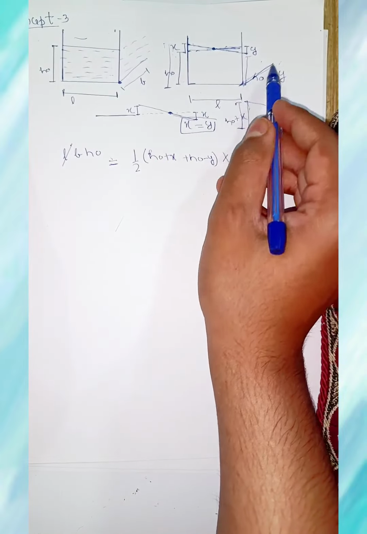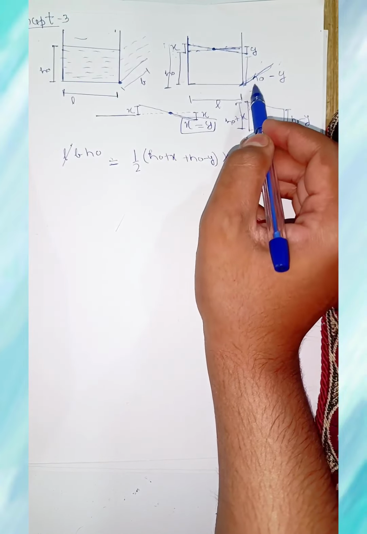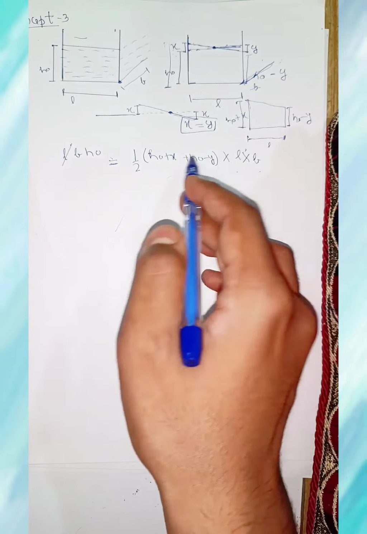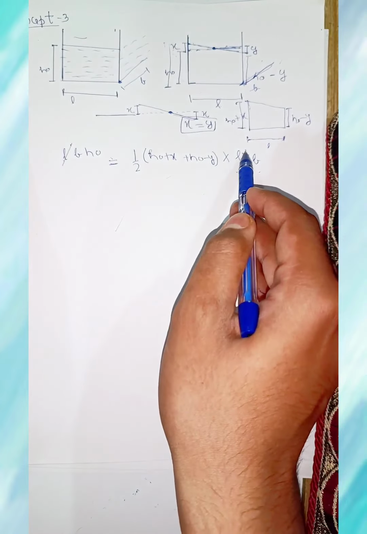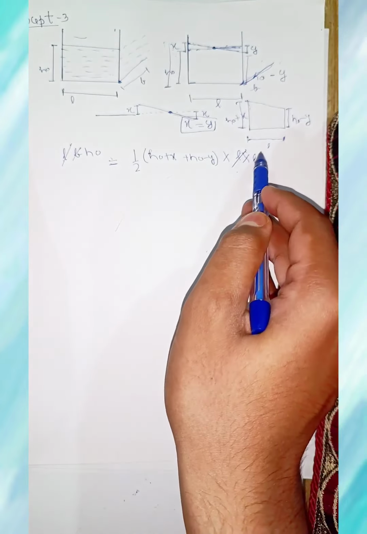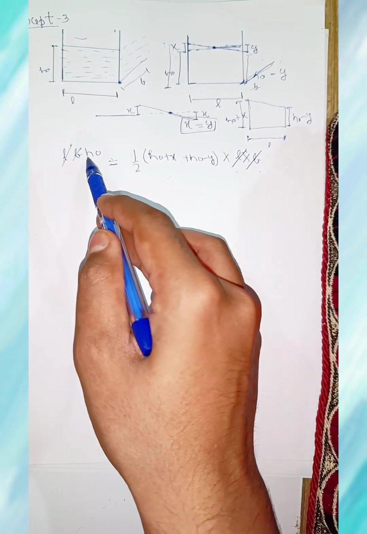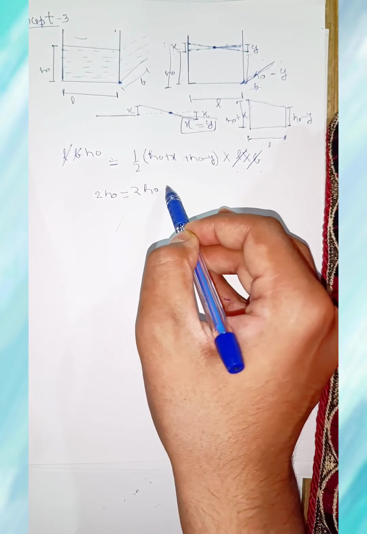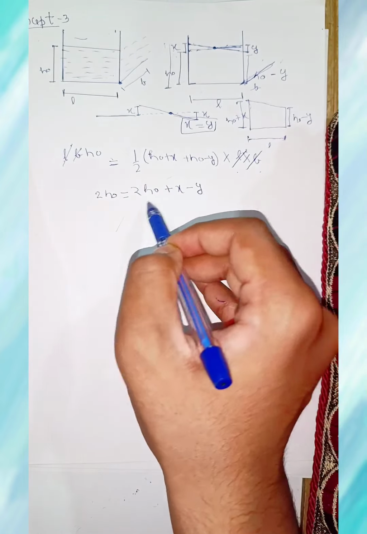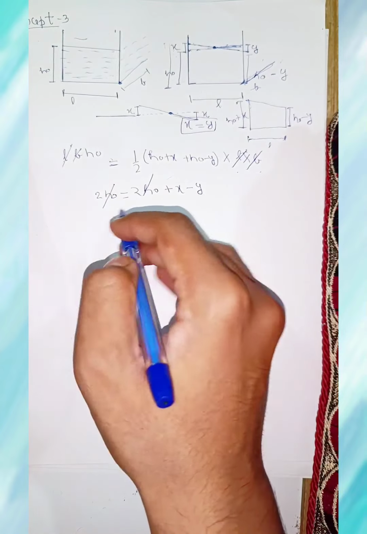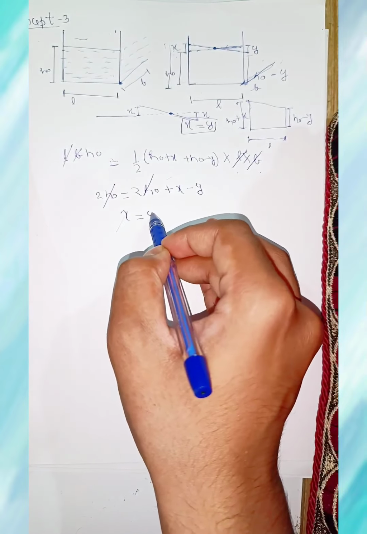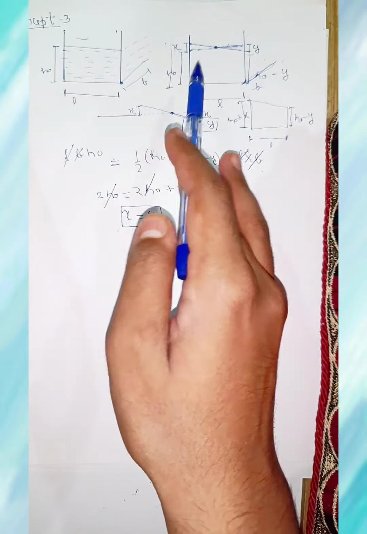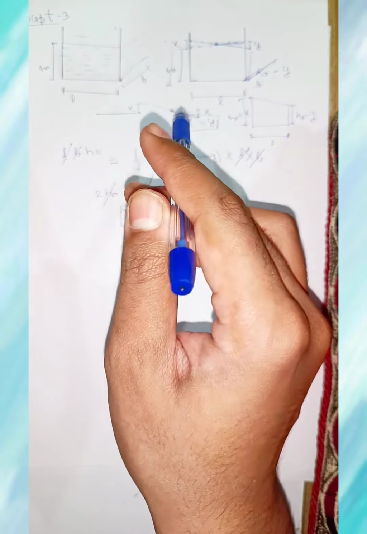So in this three-dimensional view we will have B as well, the depth of water. So L into B. From both sides L and L will cancel out, B and B will cancel out, and let us multiply by 2 here. So 2h0 will be equal to 2h0 plus x minus y. So from here 2h0 will also cancel out, and this will yield x equals y. Means the inclined surface of water rises and falls by the same height.